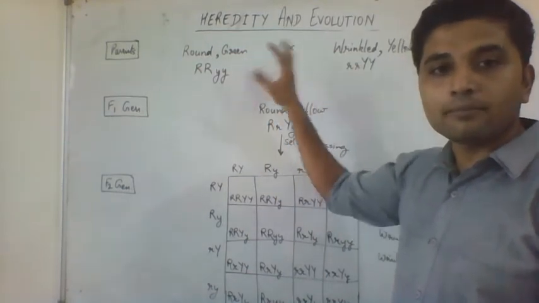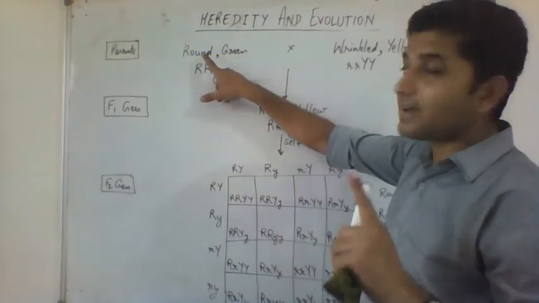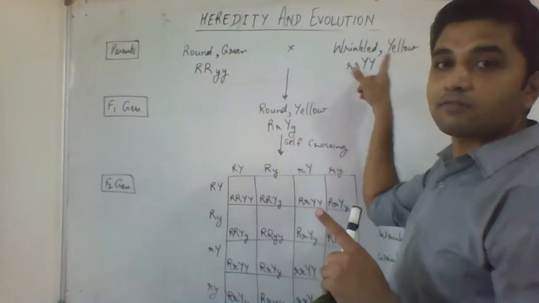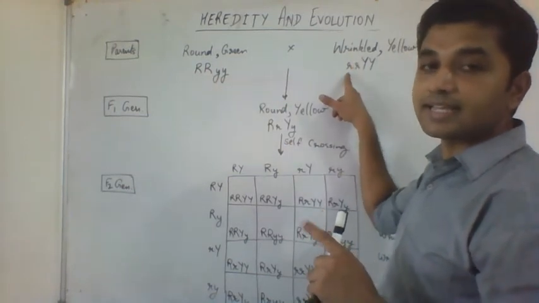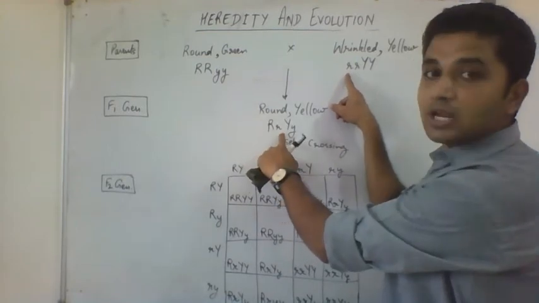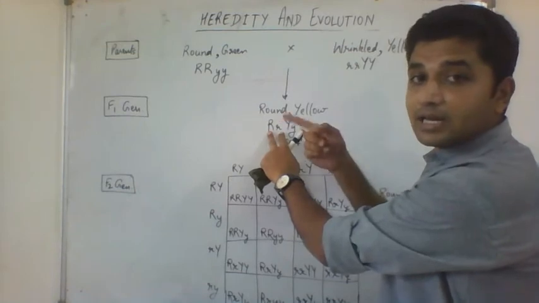And when you cross them, what will happen? This plant is going to give one factor for roundness, and that can only be capital R. This plant will give only one factor for wrinkledness, that is small r. So the offspring will have capital R from this parent and small r from that parent.